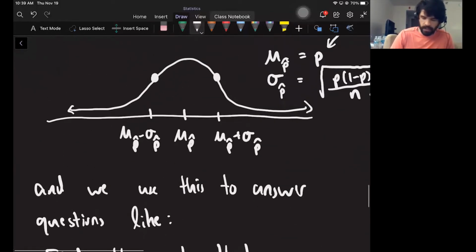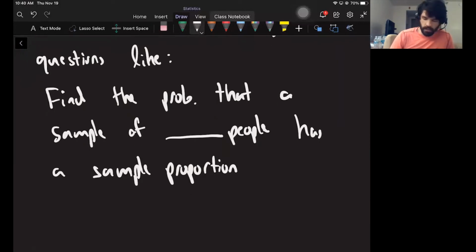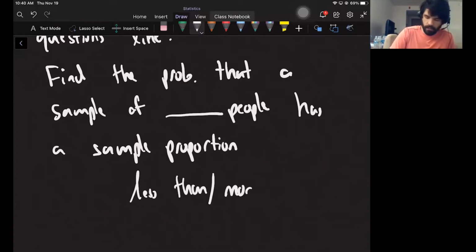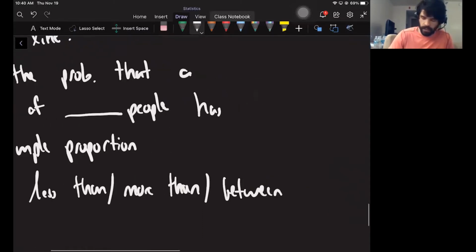Those numbers live on the x-axis here with probability according to this distribution. So you always ask something like, what's the probability that a sample has a sample proportion less than, more than, or between blank.